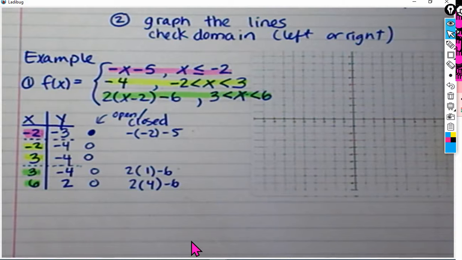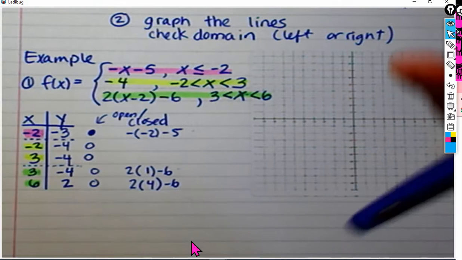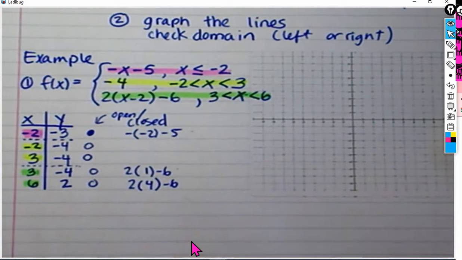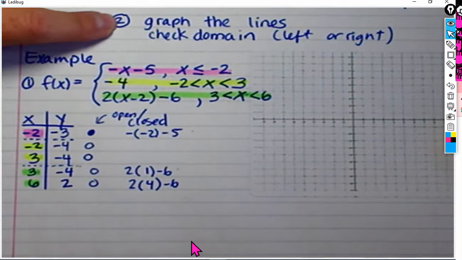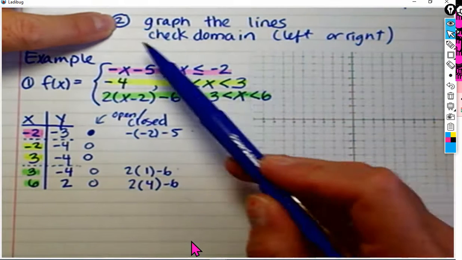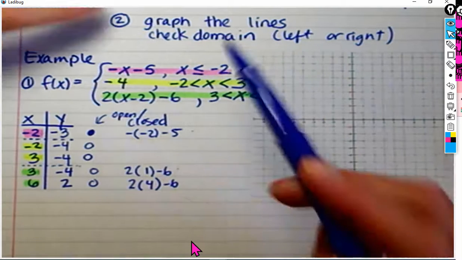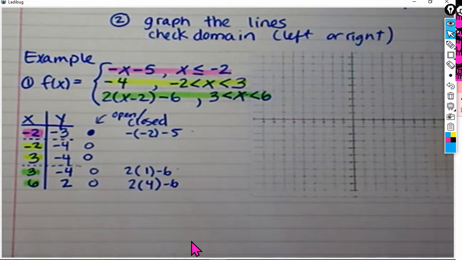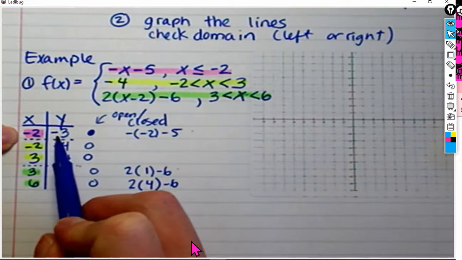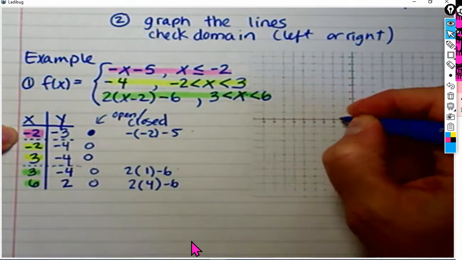Say that again. Okay, so we'll see where it shows up when we start plotting it and drawing it, because when we start graphing the lines, we're going to check our domain again and make sure that we're going in the right direction. Okay, so we're going to start by putting the point -2, -3 closed on the graph.